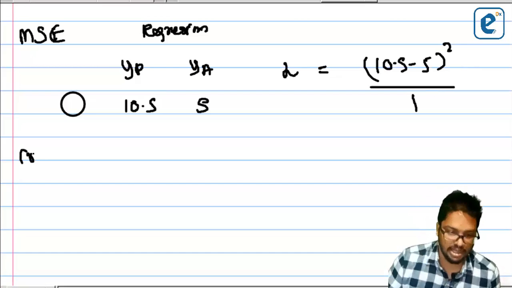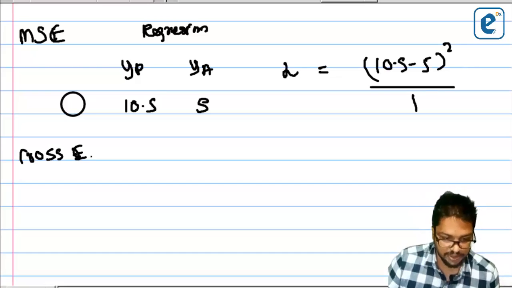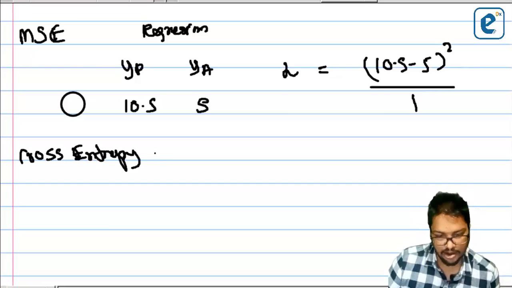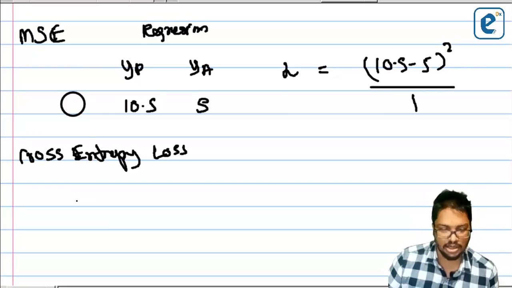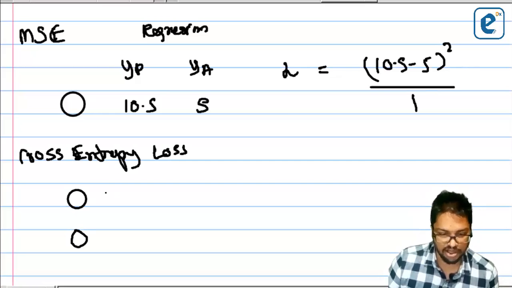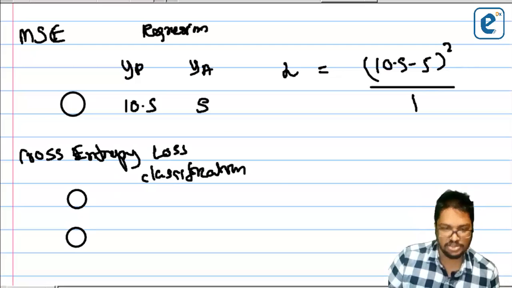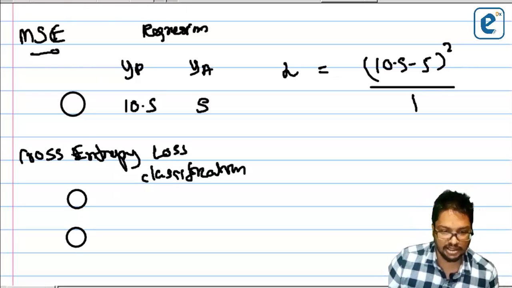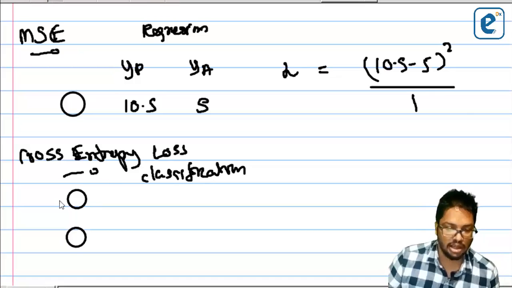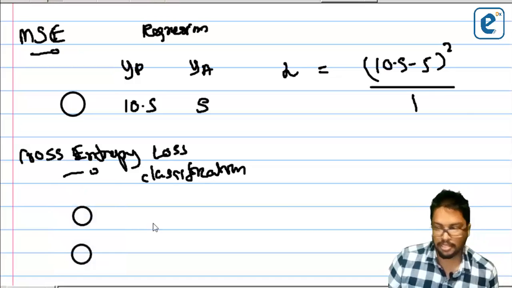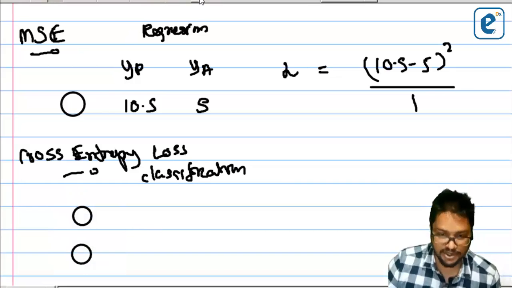The cross entropy loss is a bit different. Let's say you have 2 neurons in a classification type problem, and assume we are using the softmax activation at the last layer.